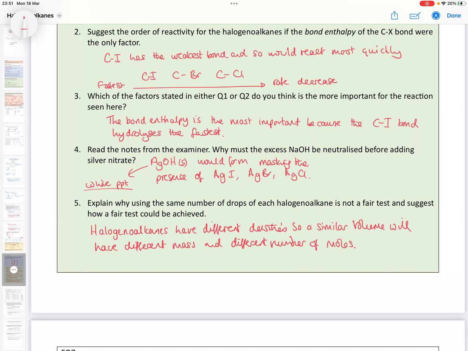So we must use the same mass as opposed to the same volume, or calculate equivalent volumes from the density.